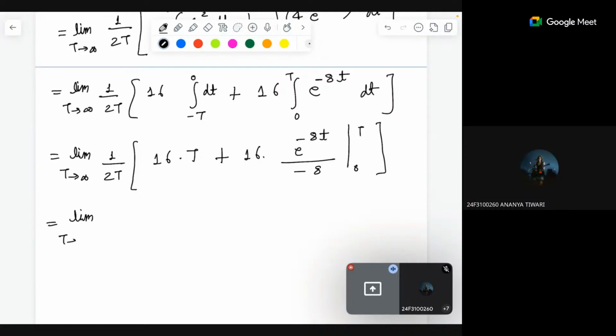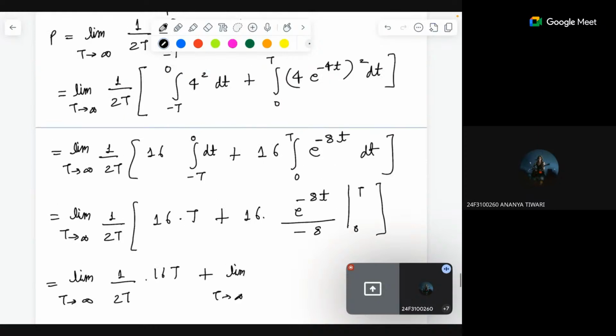So limit T tending to infinity, 1 upon 2T into 16T. Ma'am, in that e to the power minus 8t, so now we will take that as magnitude. If it would have been j, then it would have been an exponential signal.